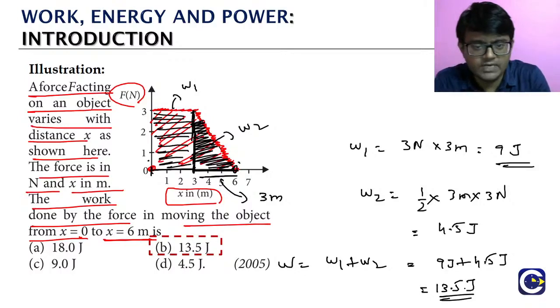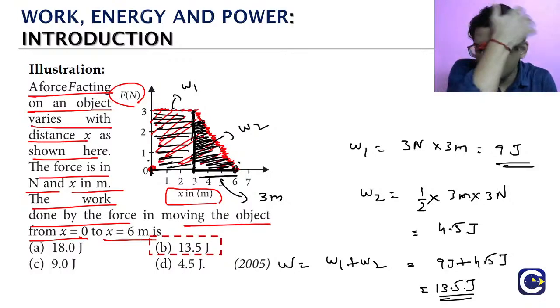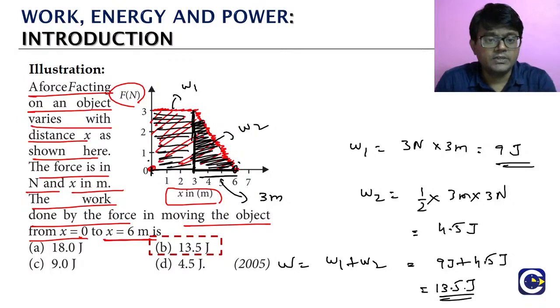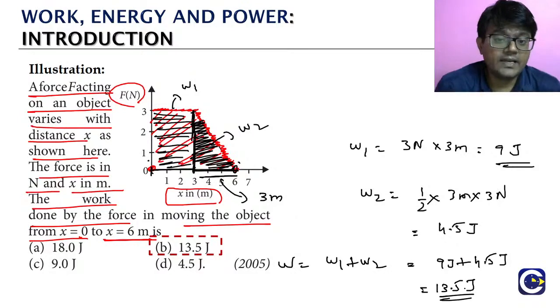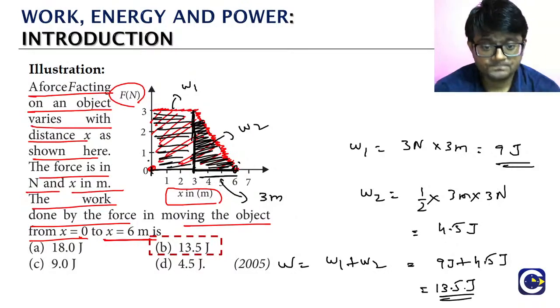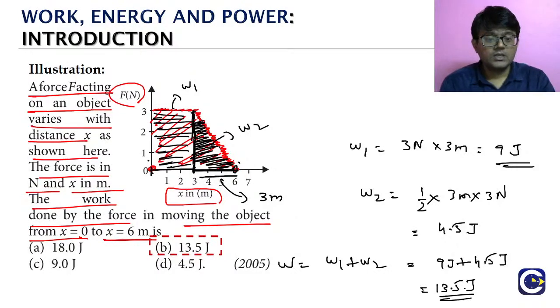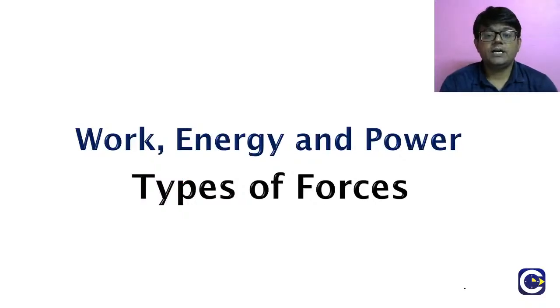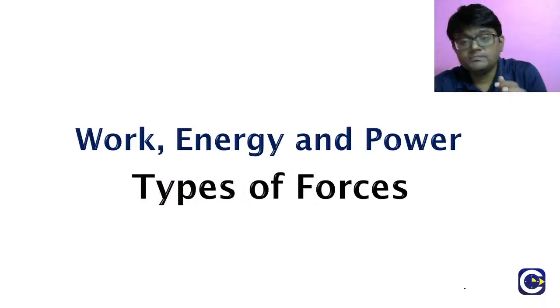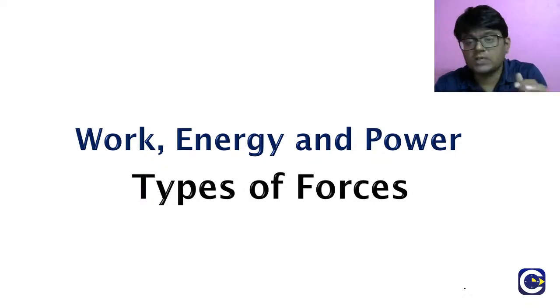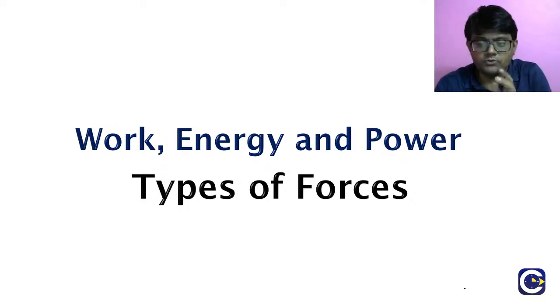Okay, so this is about the graphical approach to find work done by a variable force. So with this we have understood how we find the work because of a constant force, and how we find the work due to a variable force.